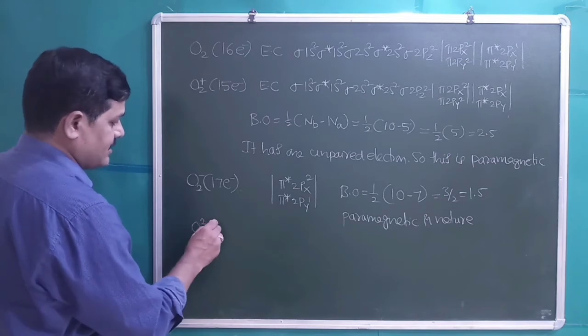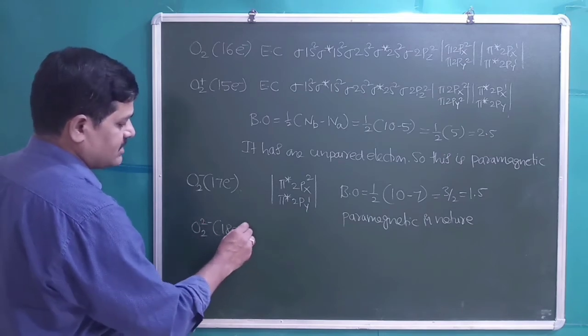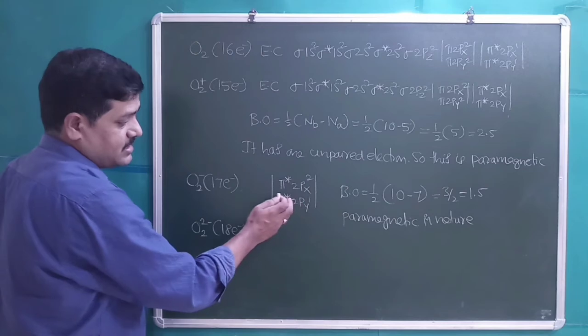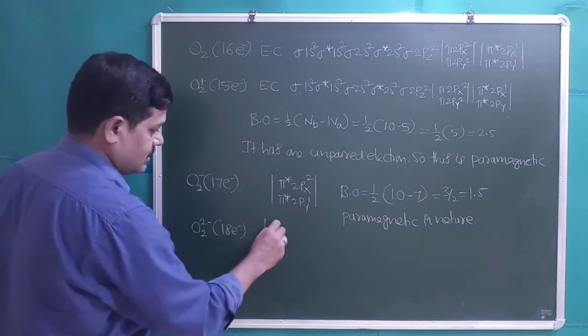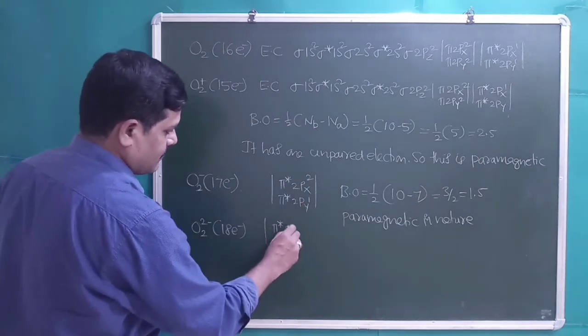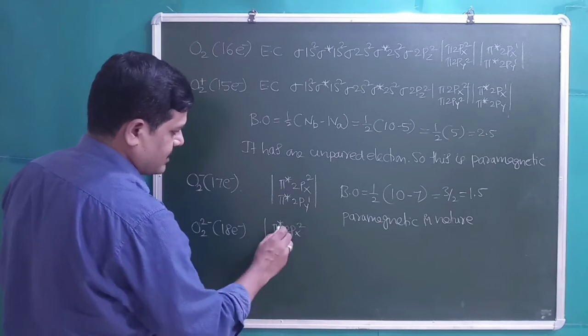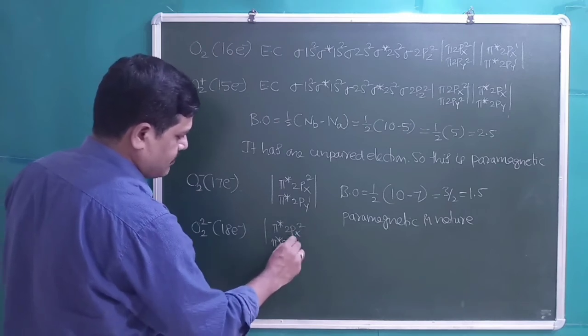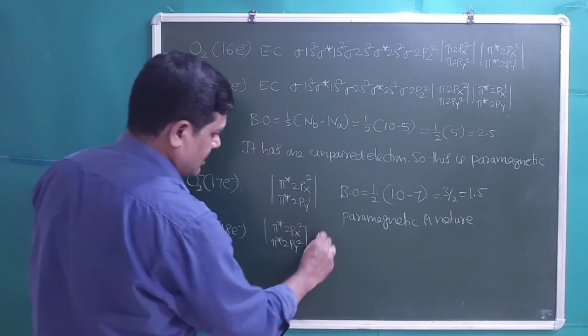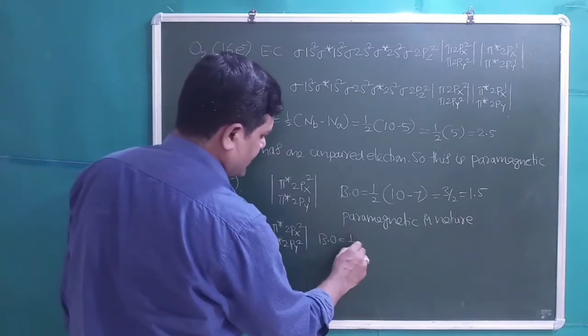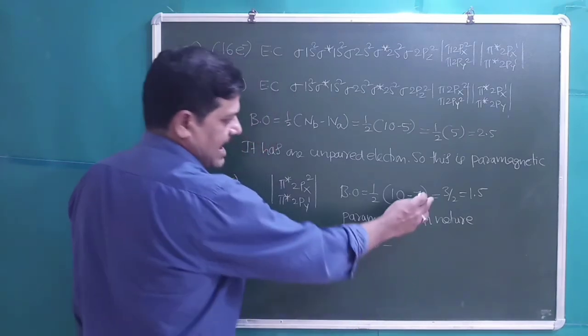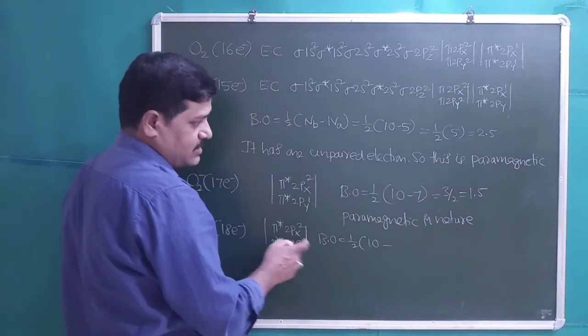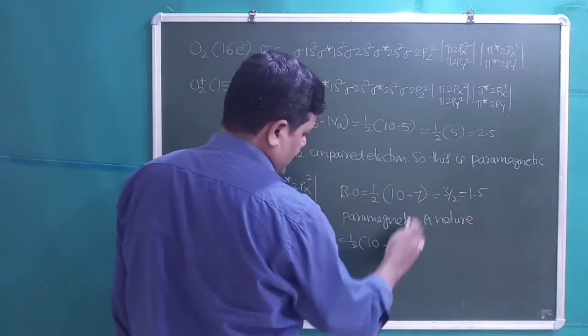O2 2 minus, one more electron is added, that is also into the pi star 2py orbital, anti-bonding molecular orbital. Pi star 2px2, pi star 2py2. Then bond order is equal to half into 10 minus 8, since that added electron goes into the anti-bonding orbital.